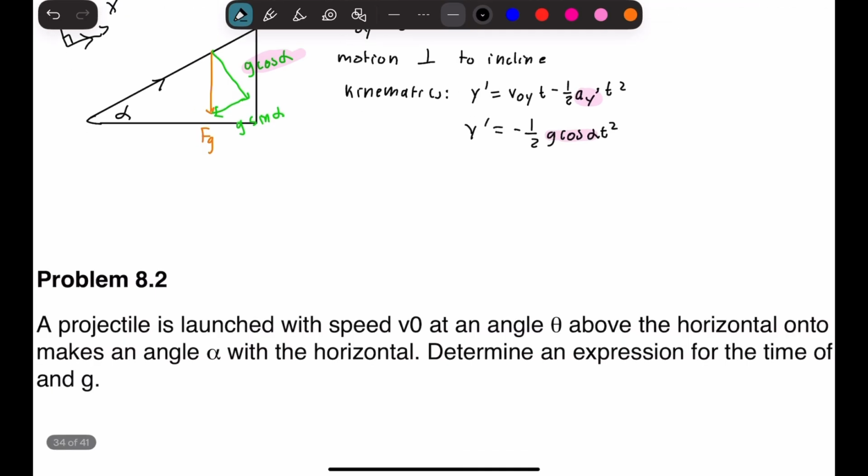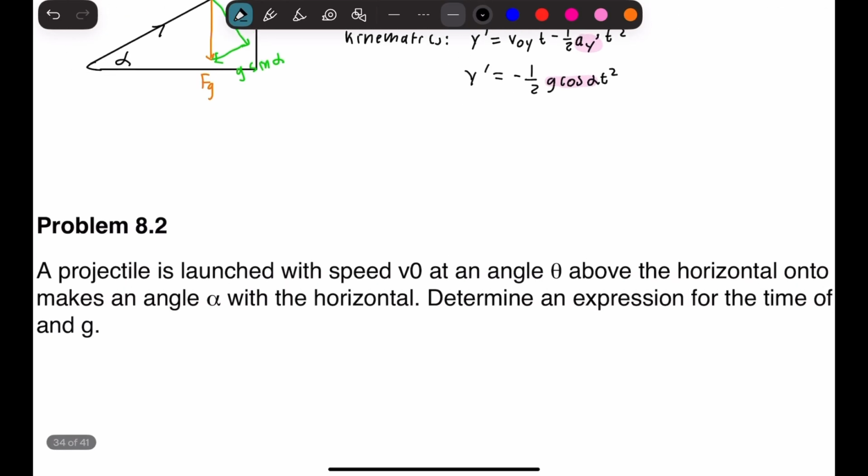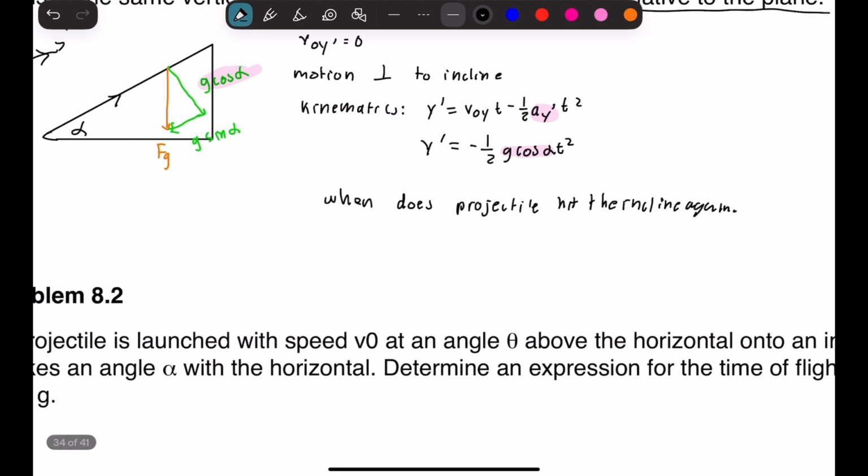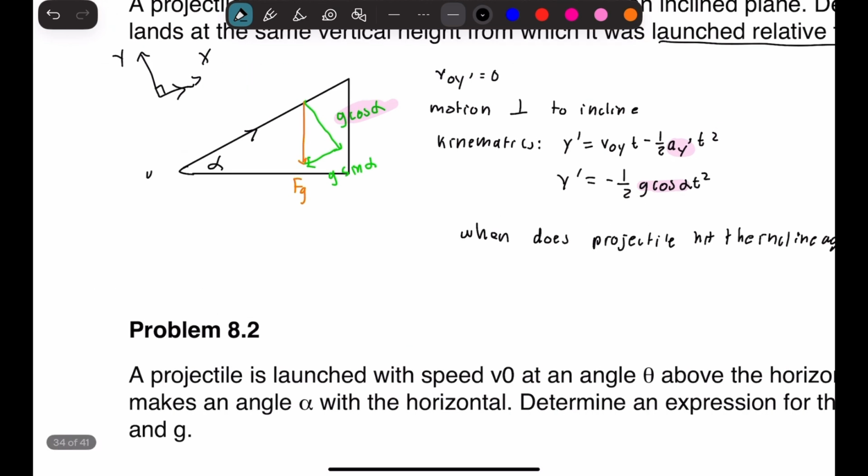Now we can ask, when does the projectile hit the incline again? We know that the projectile is going to land when its y prime is equal to 0. That's when it lands, right?